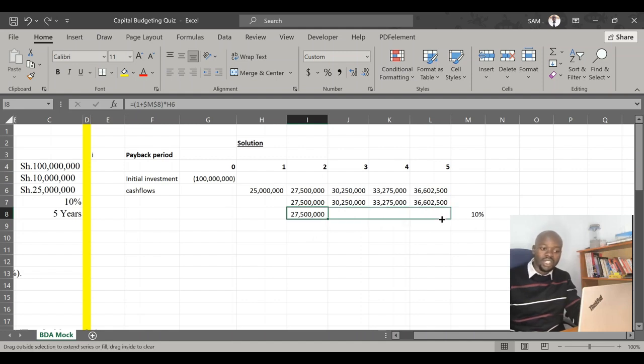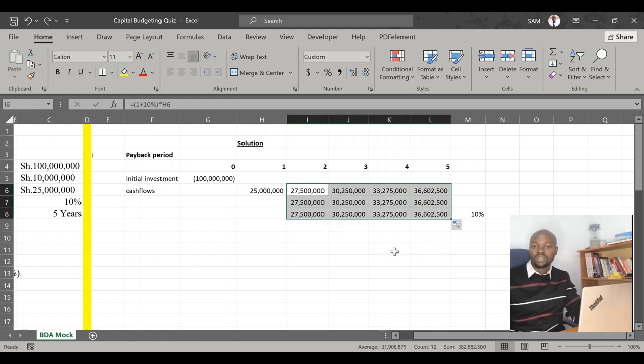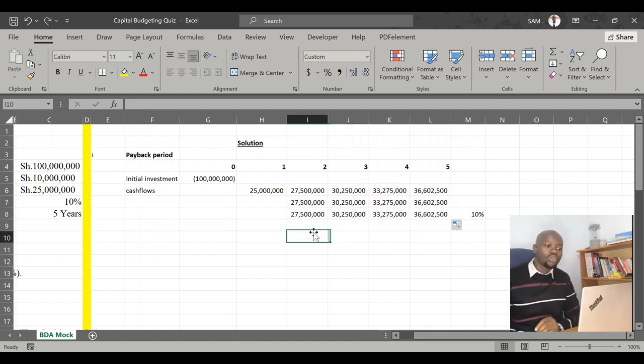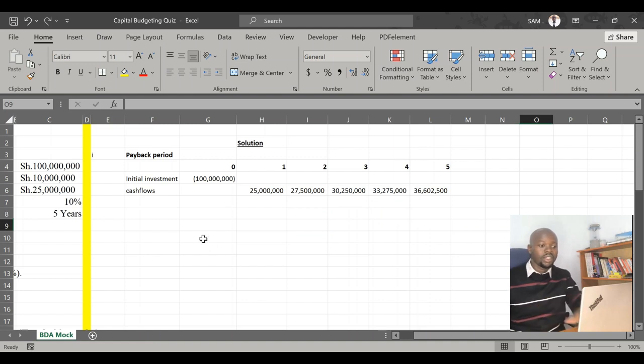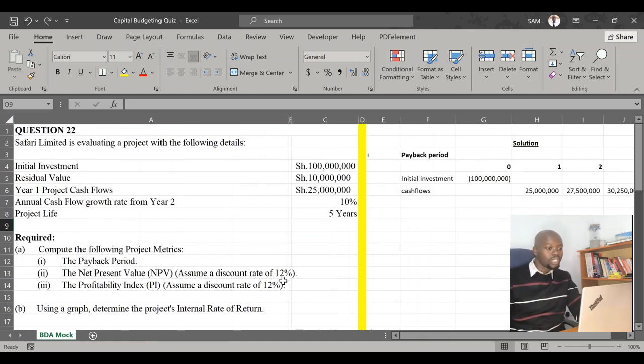I will just drag it along, and you will attest that all the cash flows we are getting when we apply the growth rate using different approaches are the same or similar figures. Choose whichever approach is easier for you. So I will just do away with these ones because I've just explained, and then we have the cash flows. Now, if you go back to our question, we've already applied the growth rate which we've been given to the cash flows.